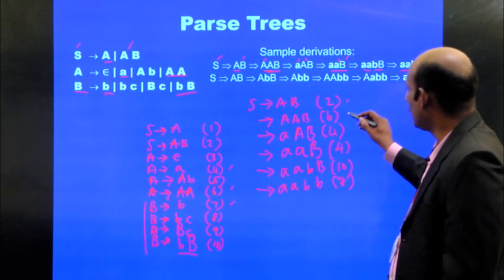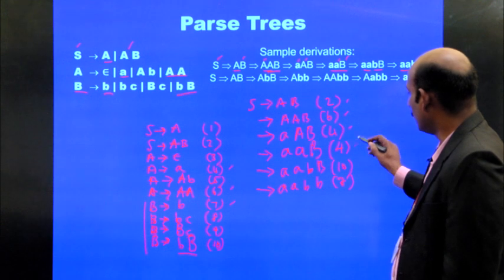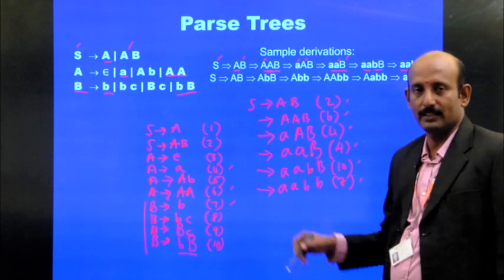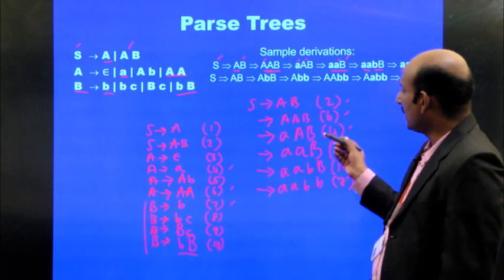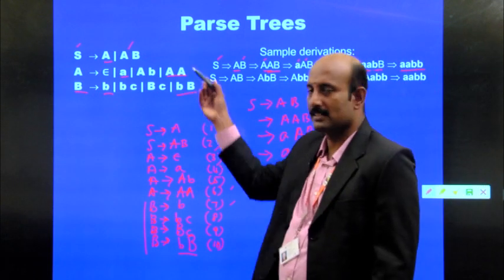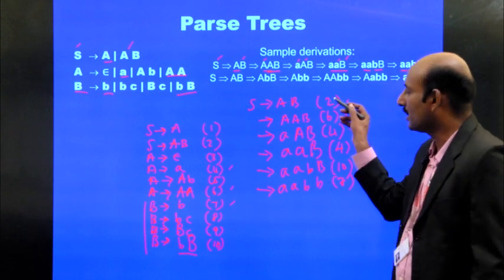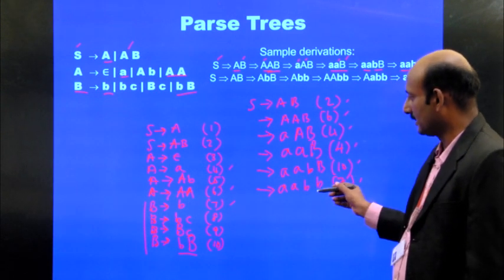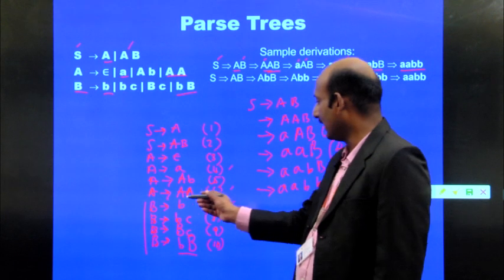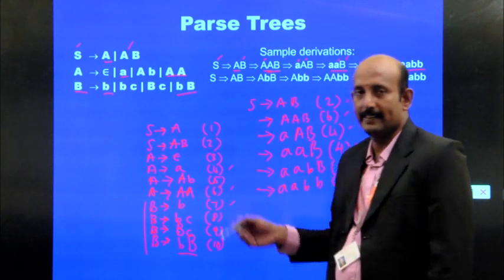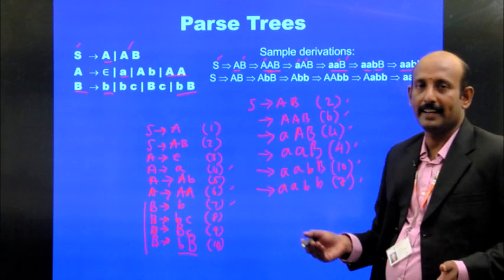So we have taken the order 2, 6, 4, 10, 7 likewise. Instead of that, we can take any productions, any number of these productions. So we may start with 2 and derive the strings. Likewise, we can take any order.